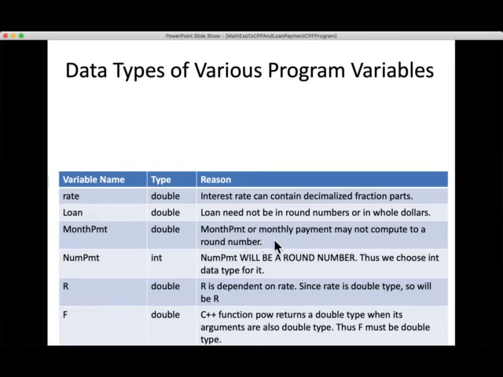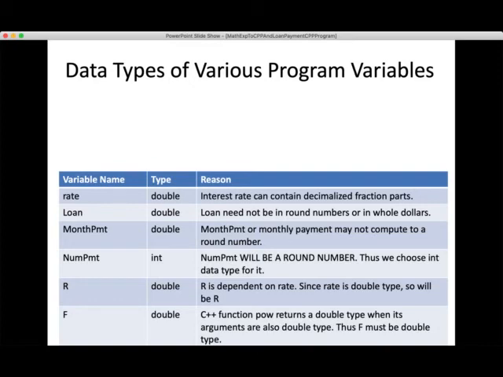It may not compute to a round number. But one thing that is a round number, and I am a stickler for this, guys, don't take liberties with this issue. If something is a whole number, you must choose the int data type. If you don't do that, you're not being a computer programmer. If you choose double type for everything, that's not characteristic of a computer programmer. Okay?